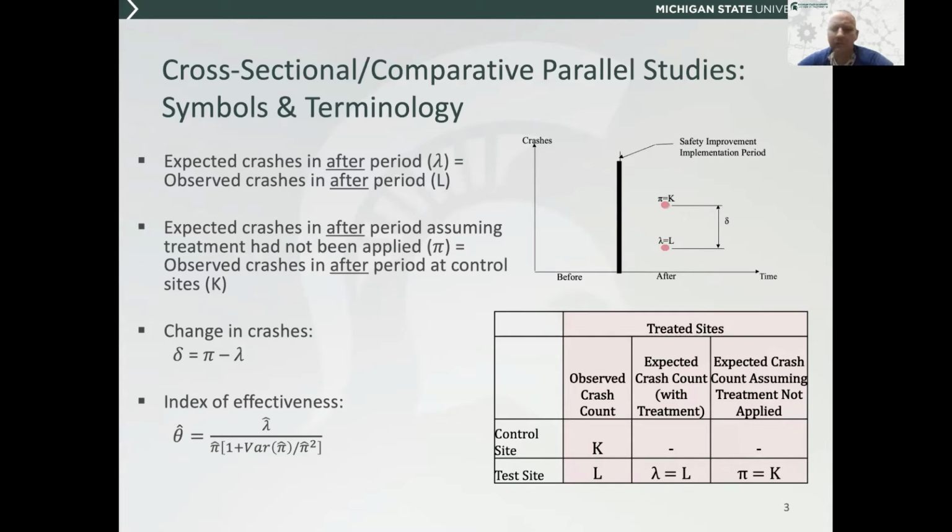As we look at cross-sectional, or as they're also referred to, comparative parallel studies, these are commonplace in highway safety in circumstances where we might not have access to both before and after data for a specific countermeasure of interest.